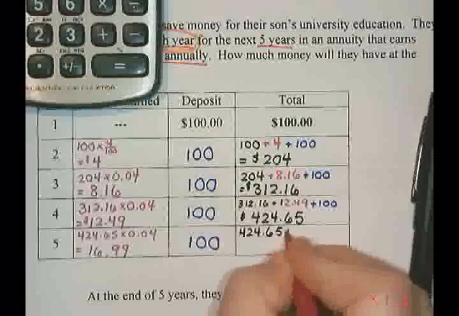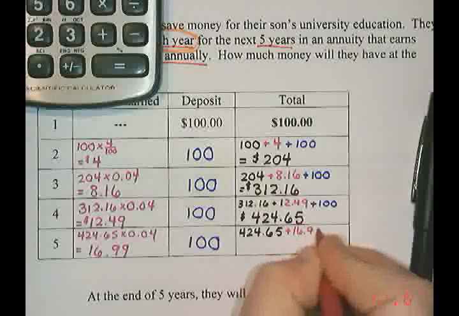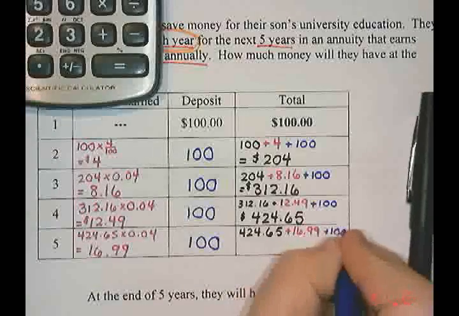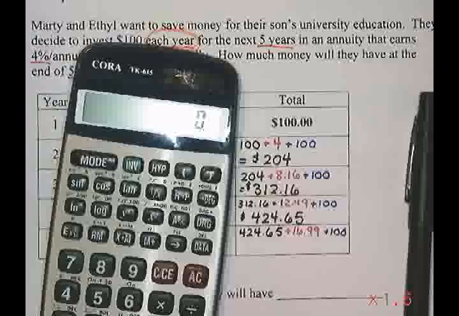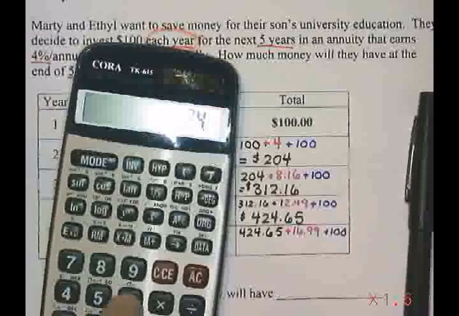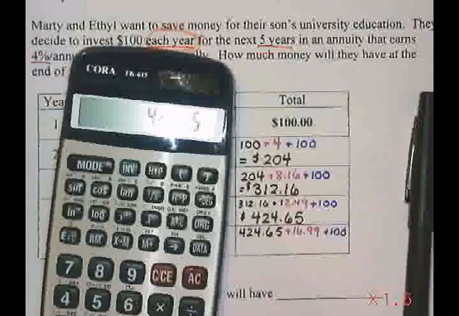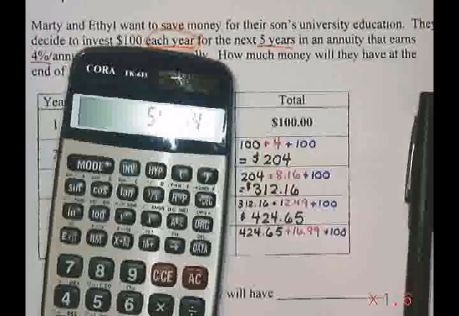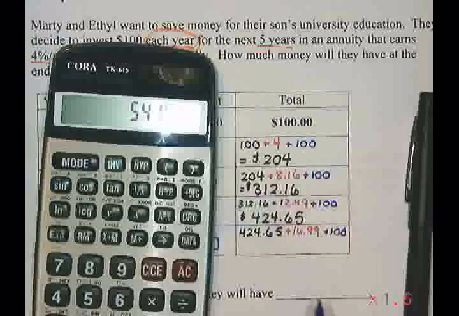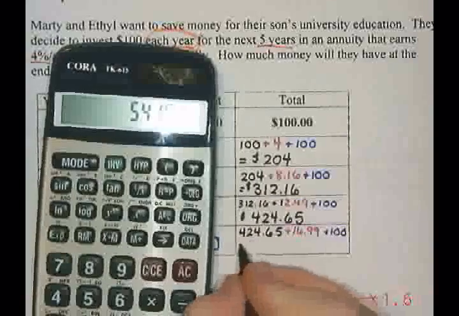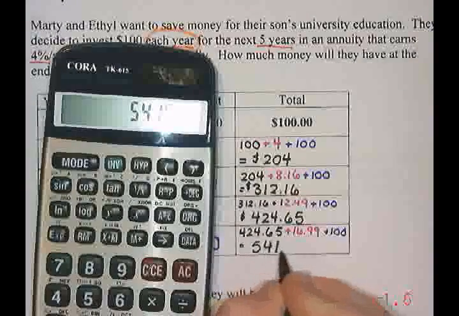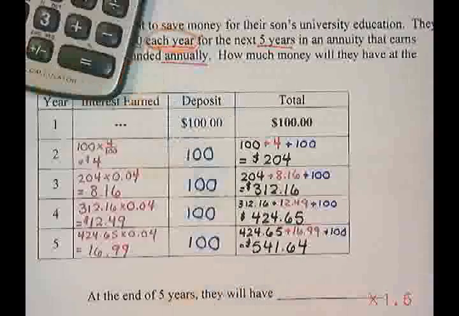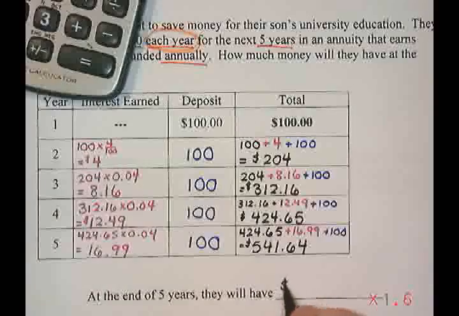They're adding their interest of $16.99, and they put in that one last deposit of $100. Let's see, 424.65 plus 16.99 plus 100 gives me $541.64.